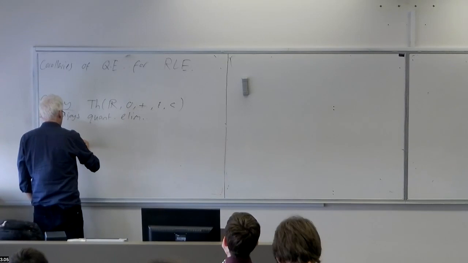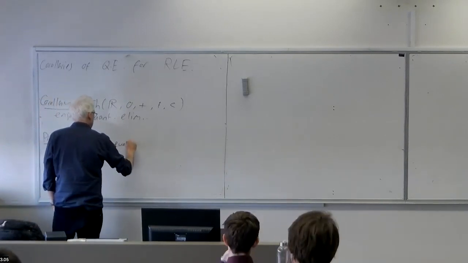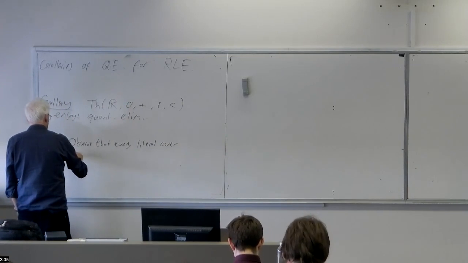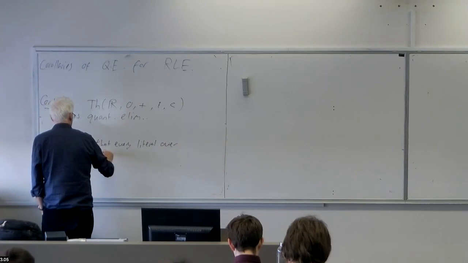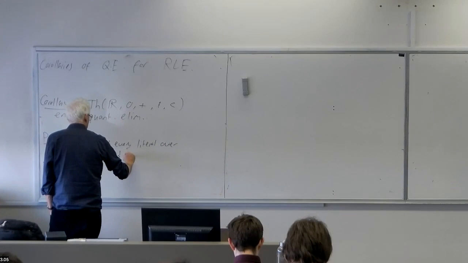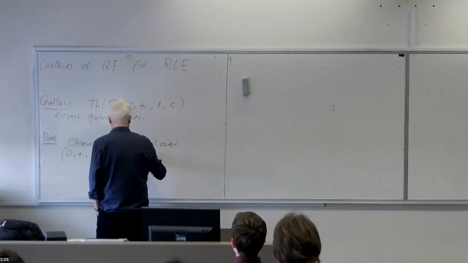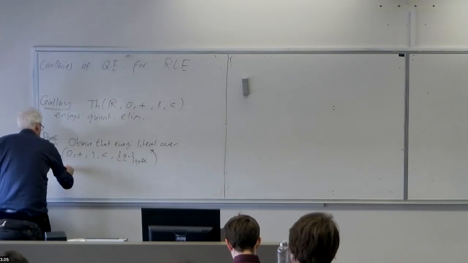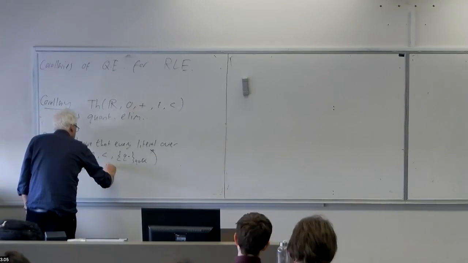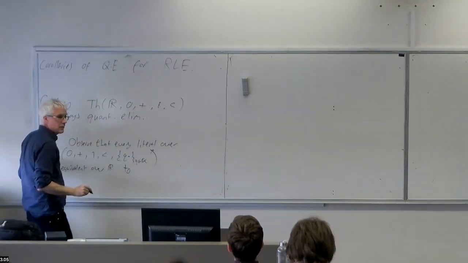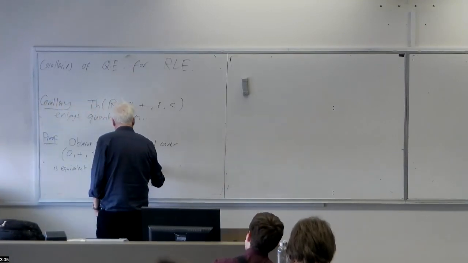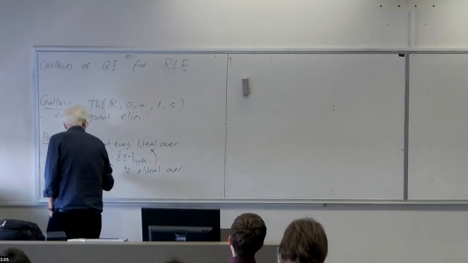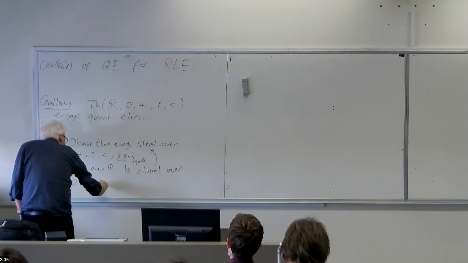You simply observe that every literal over the signature 0, plus, 1, less than, and these scalar rational multiple operations is equivalent over R to, and in fact, one can again get away with a single literal, you don't need even to use conjunction or disjunction, a literal over just the original signature where we don't have the scalar multiplications.